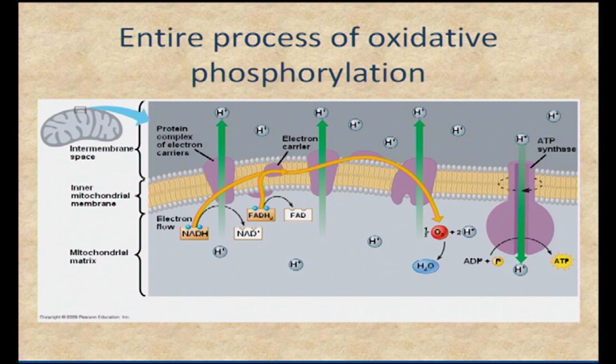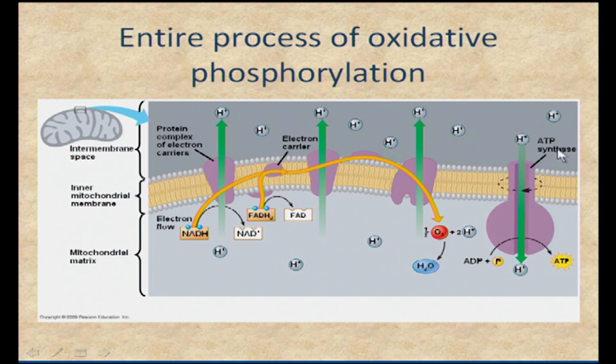As a result, we end up with the crowding or the gradient of hydrogen ions up at the top. Because they're crowded and they don't want to be next to each other, they are compelled to go down ATP synthase, which is shown over here, and that drives the phosphorylation to make ATP.